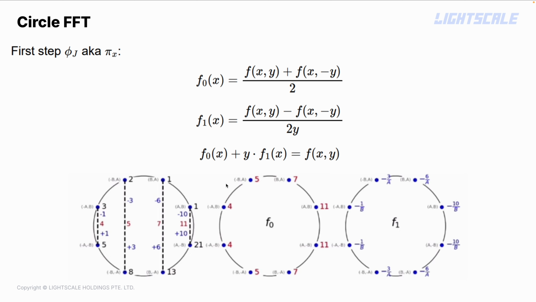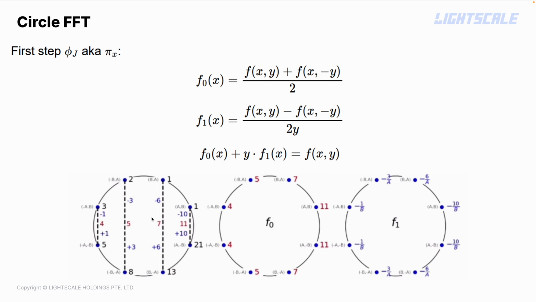This is the representation. So let's say we are given 8 evaluations, right? And what this X projection is basically doing is, f0(x) is taking an average of this, right? So adding up this inverse map, and then dividing by 2. So this is just the average of these two, right? So 22 divided by 2 is going to be 11.